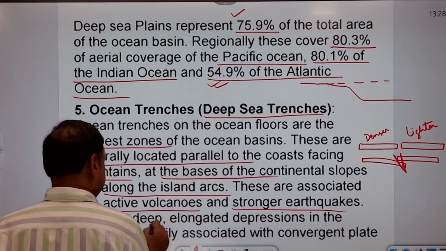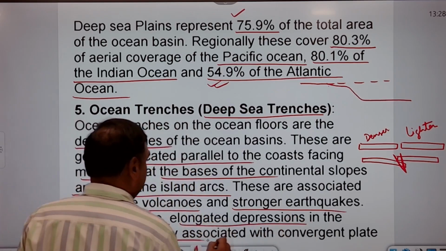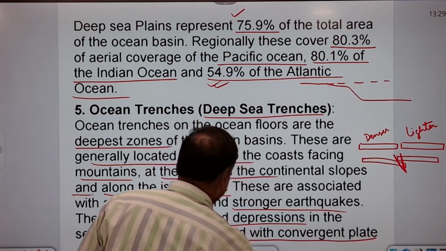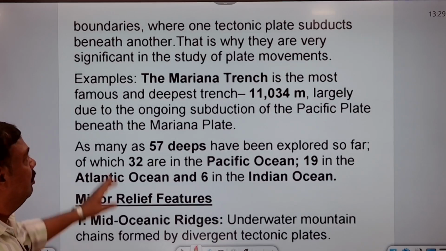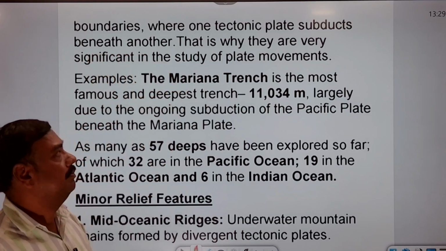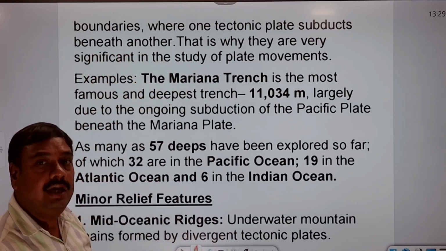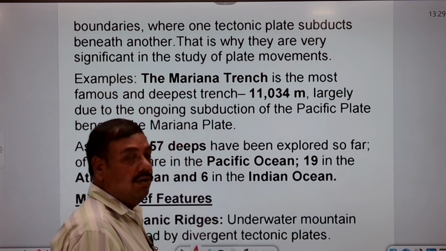They are deep, elongated depressions in the sea floor, primarily associated with convergent plate margins or boundaries, where one tectonic plate subducts beneath the other. Got it? That is why they are very significant in the study of plate movements.